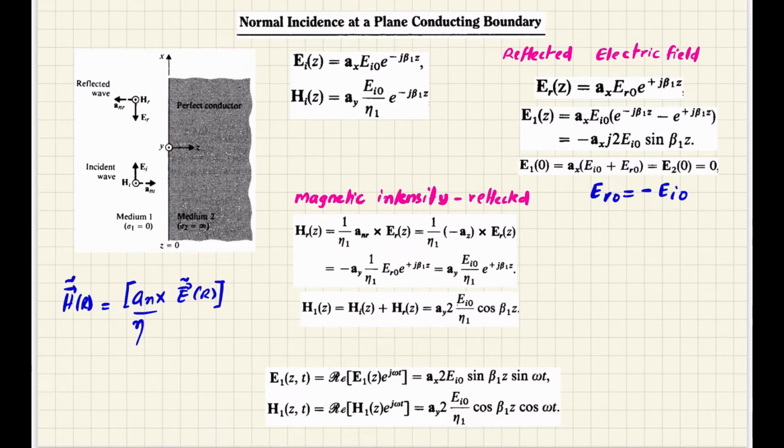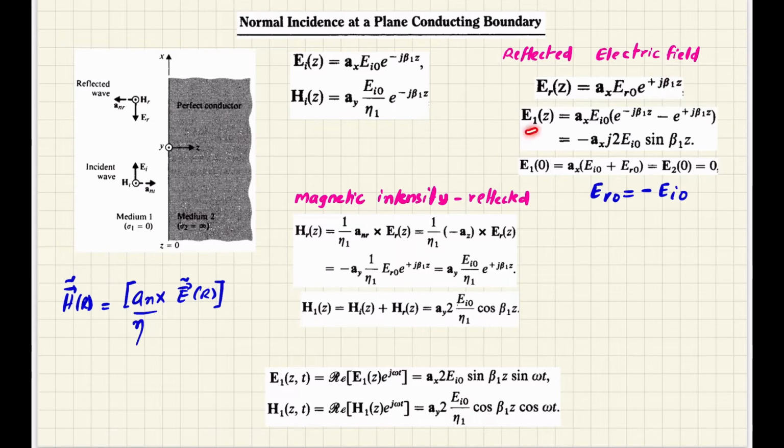If you take the E_R and reflect it back, it will be in the x direction with some amplitude E_R0, which represents the amplitude of the reflected wave at z equal to 0, and you have e raised to minus j beta 1 z. Beta 1 is the propagation constant, the phase constant, in medium 1.